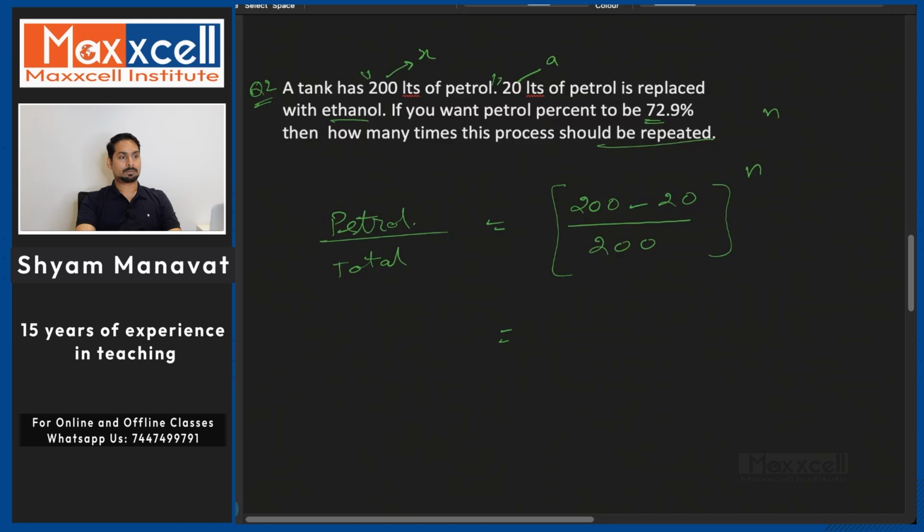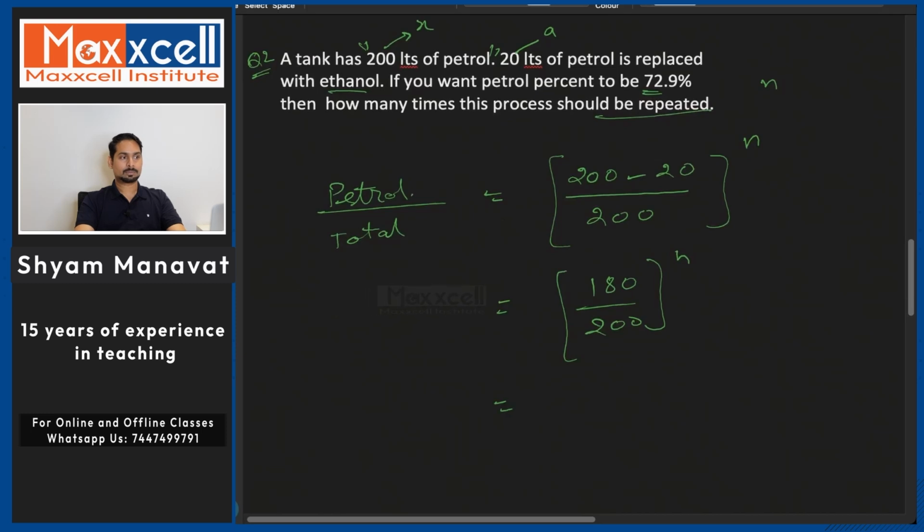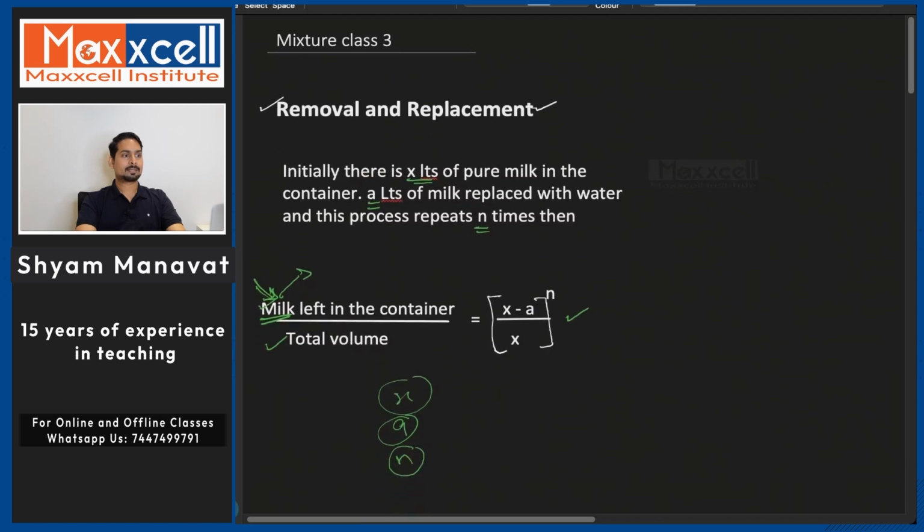Yeah, now if you simplify this, what do you get here? This is 180 by 200 to the power n. So this is ratio, all right. This is the ratio of petrol by total volume. The formula will give you the ratio of milk left in the container by total volume. Ratio, not the actual number. Ratio of the total milk left in the container by total volume.